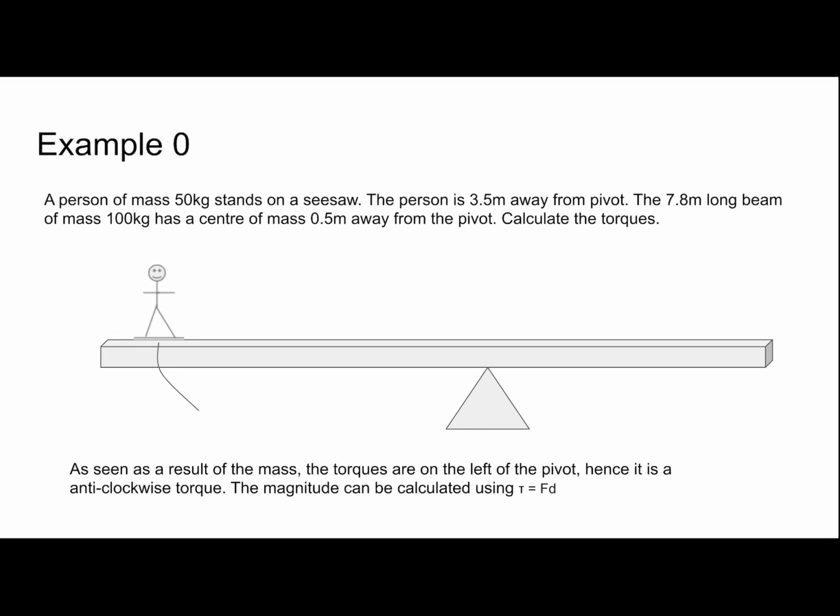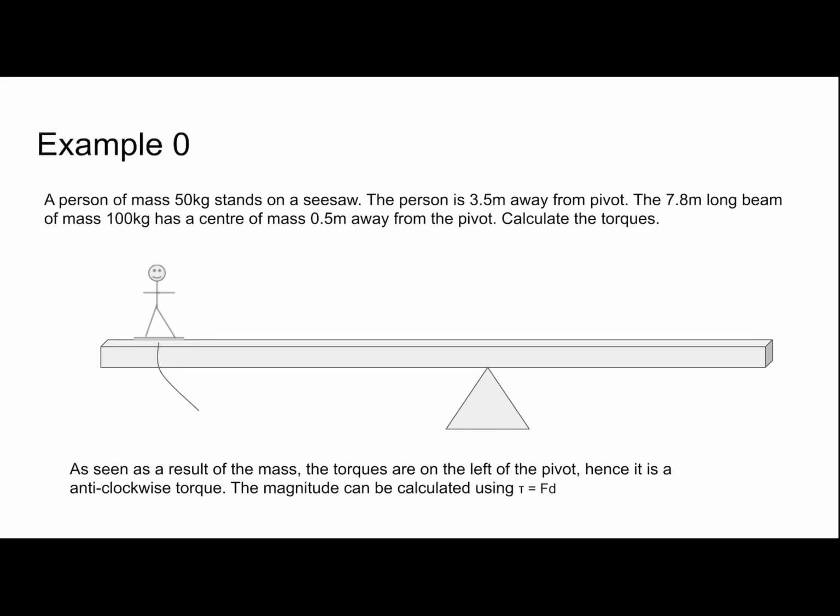If it keeps going, let's just say the ground isn't there, then you'll notice it goes in a specific direction of motion. In this case, let's say there's a person here and nothing over here. So this is not equilibrium. This person's weight force is going to push this down, and this is going to go in that anti-clockwise direction.